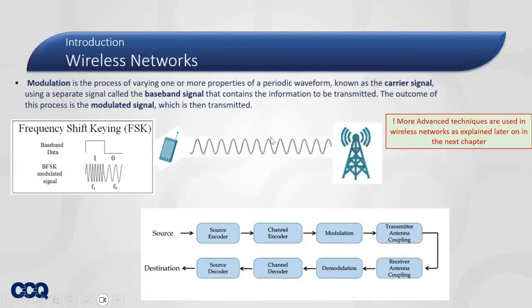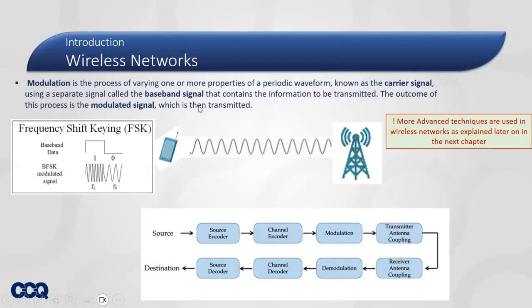So modulation is the process of varying one or more properties of the carrier signal, either amplitude, frequency or phase, using a separate signal called the baseband signal to transmit information.